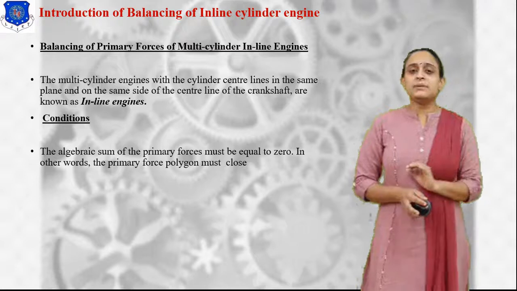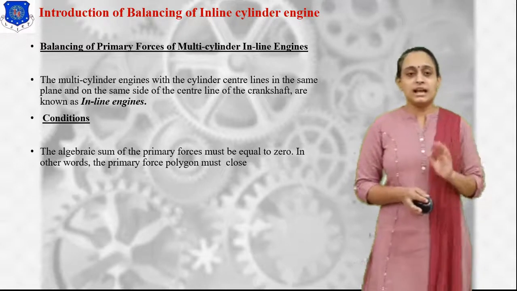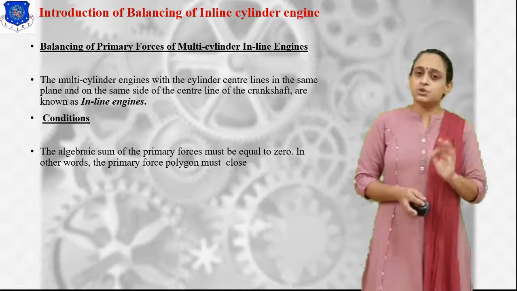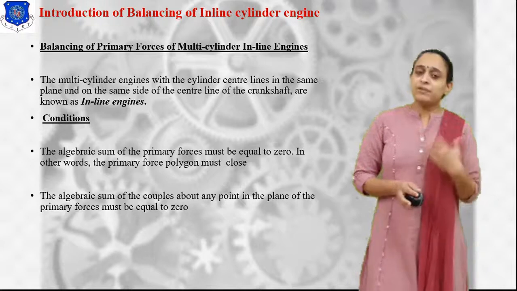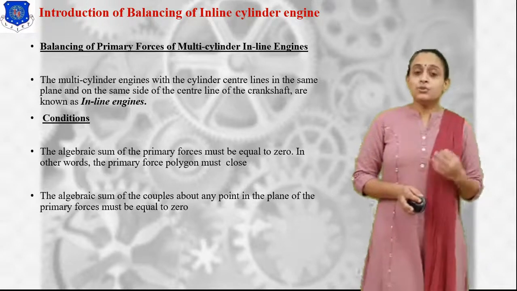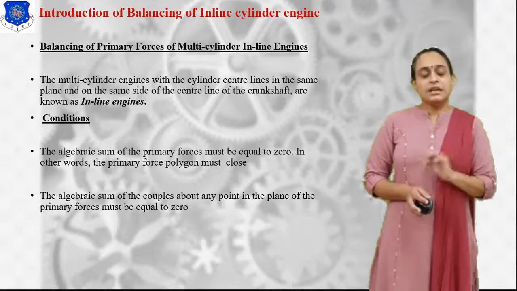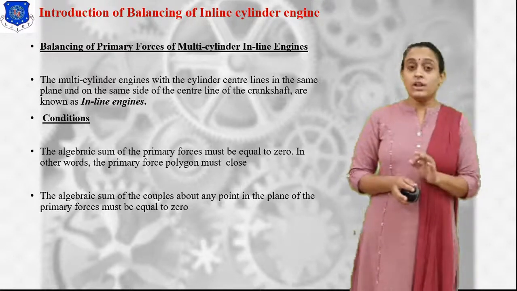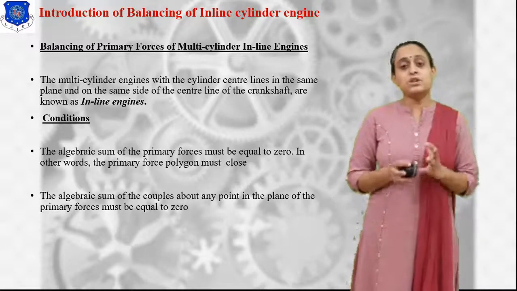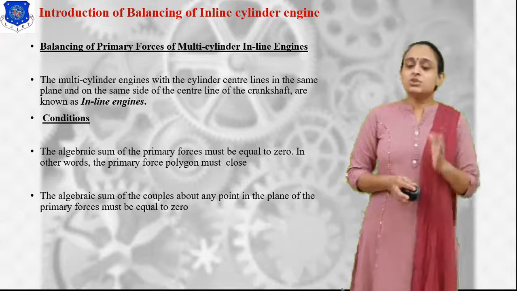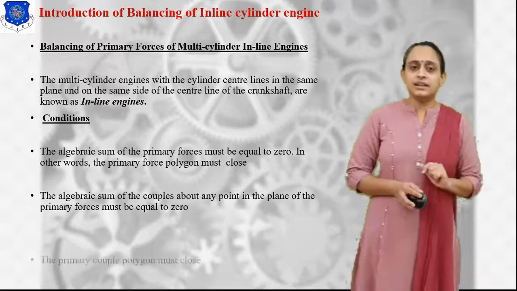For the balancing of primary forces, the algebraic sum of primary forces should be 0 and the polygon should be closed. If we consider the couple value, for primary balancing, forces as well as couples should be 0, or the diagram of force as well as the diagram of couple should be closed. This is the prime condition for primary balancing of inline cylinder engine.